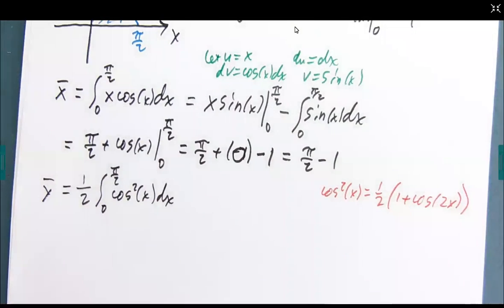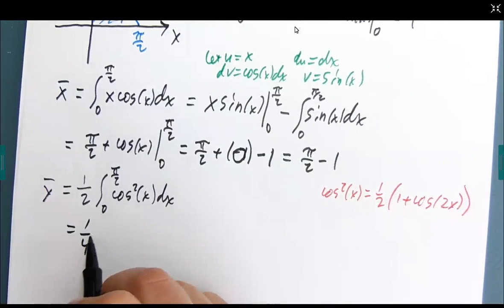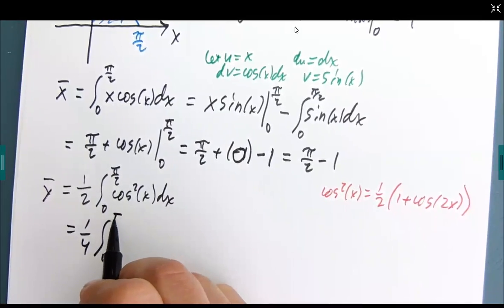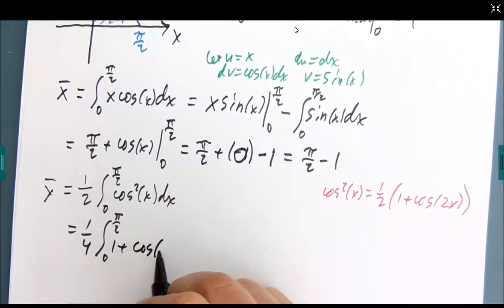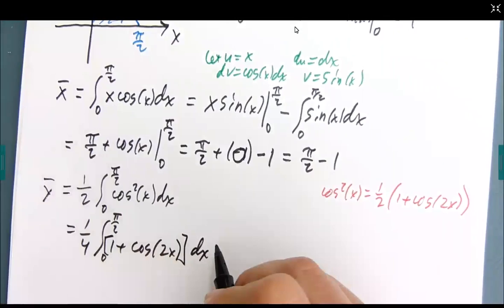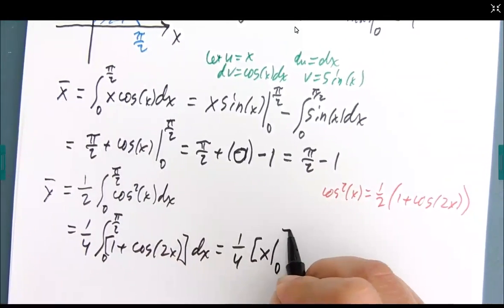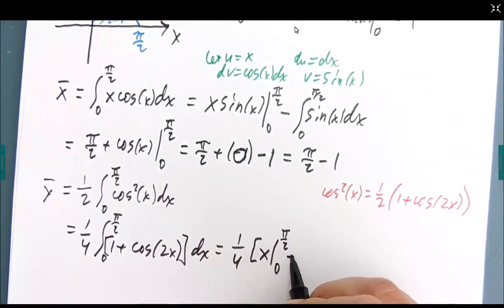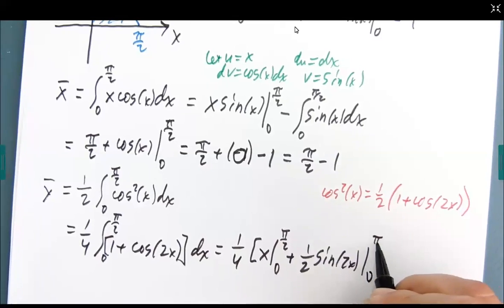Now I'm going to notice that I have the 1/2 times the 1/2. I'm just going to make that a 1/4. So 1/4 x from 0 to pi over 2 plus 1/2 sine of 2x from 0 to pi over 2.